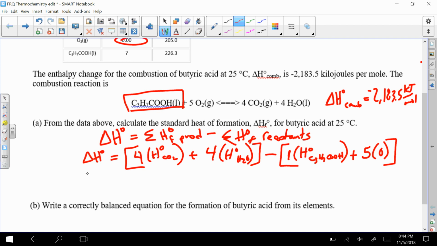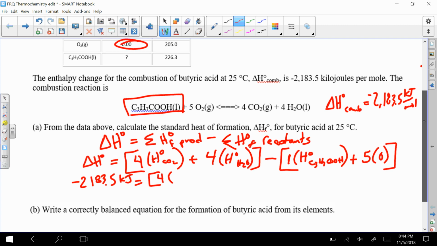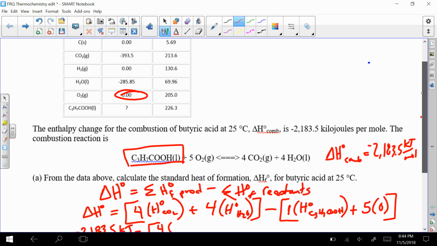And so if we come over here, we know delta H for that reaction. It's given to us. It's negative 2,183.5 kilojoules, and that equals 4 times the delta H naught of CO2, which if we look up here on our chart, this one is right here.